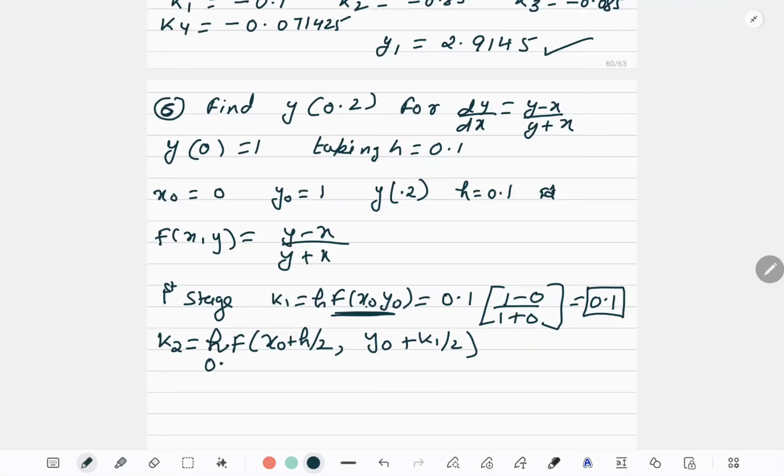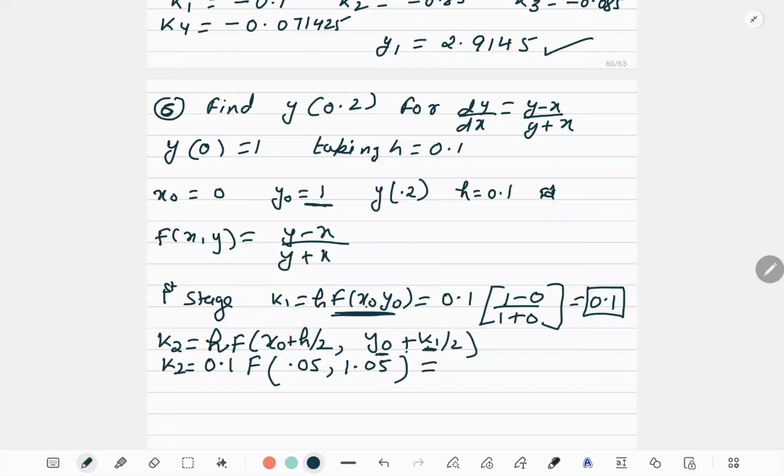So 0.1 f of x0 is 0 plus h by 2, 0.1 upon 2 is 0.05, comma y0 plus k1 by 2. Now what is k1? K1 is 0.1, so 0.1 upon 2 is 0.05 and y0 is 1. So 1.05. Right. So this is our K2.